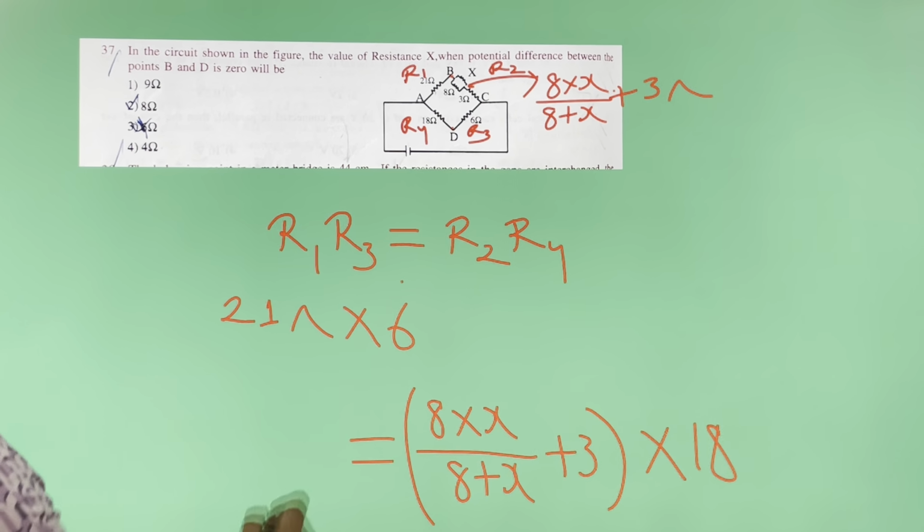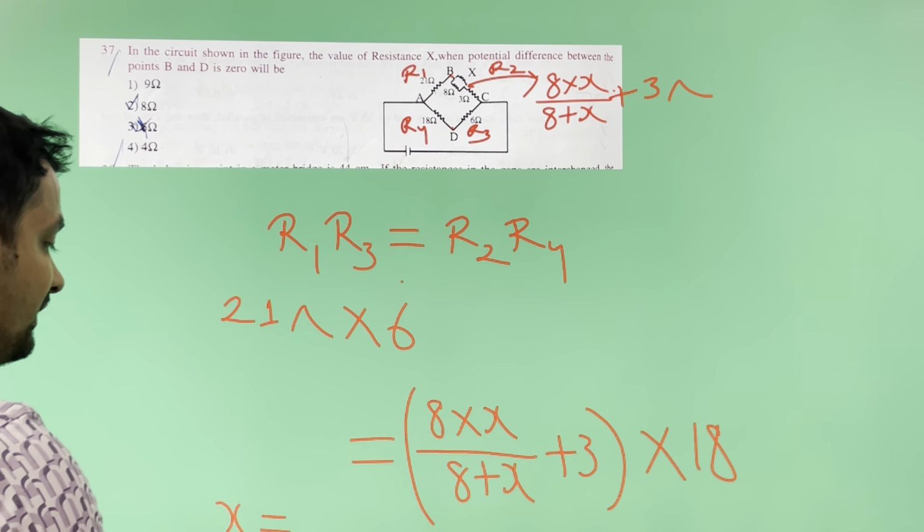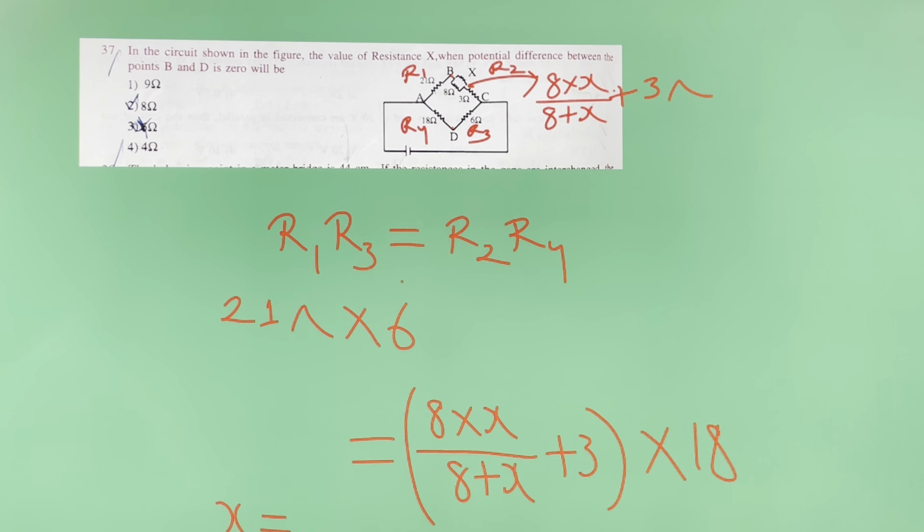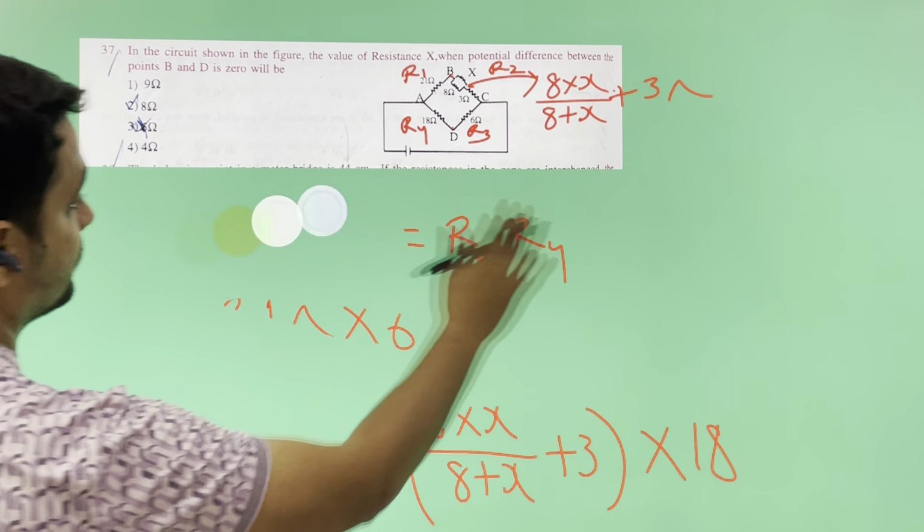When we solve this, we'll find the value of X. It's a very easy problem. You just have to solve this, and after that you will get the X value. So we'll go for the next problem.